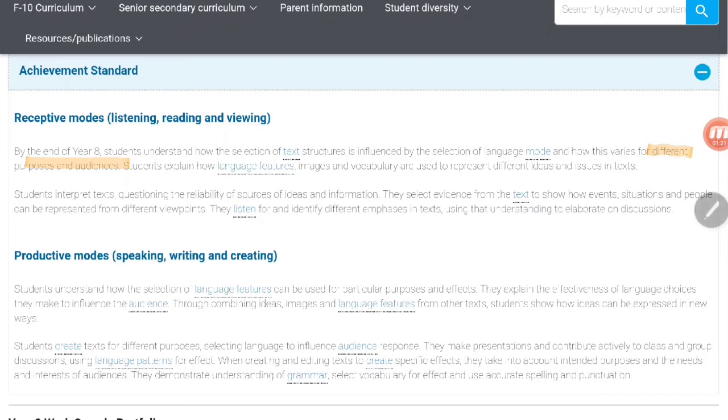Will students be explaining language features? Yes, they absolutely will. And how they represent different ideas and issues in texts. Absolutely. That's how they're going to be looking at the value of the text and the meaning that is made within those texts and why those texts are suitable for a certain group of students or people.